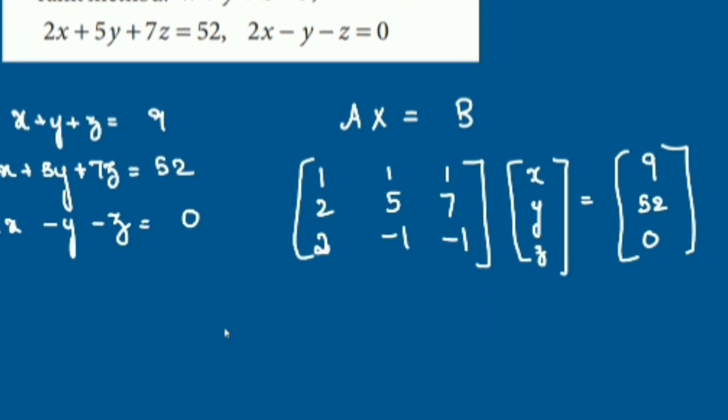Second step is to write the augmented matrix. What is the augmented matrix? You combine the matrix A and the constants as one matrix.